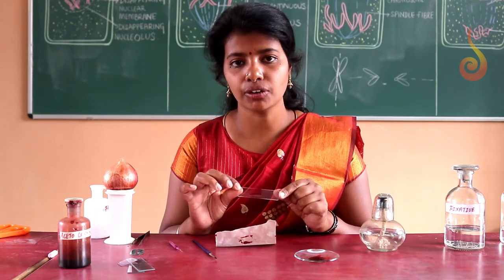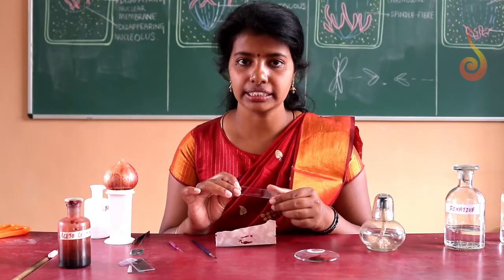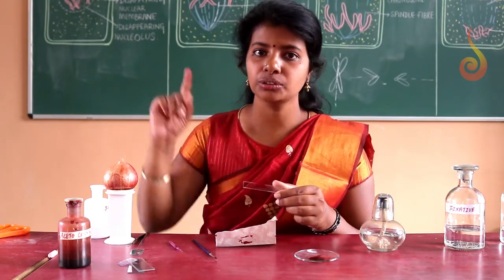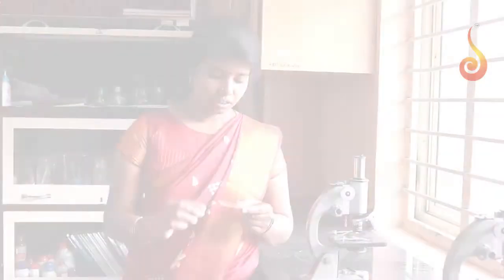So we have to focus it under 10x first. Then we have to focus it under 40x to see any one of these stages. Now the slide which we have prepared is ready to focus. So we focus it under 10x first.